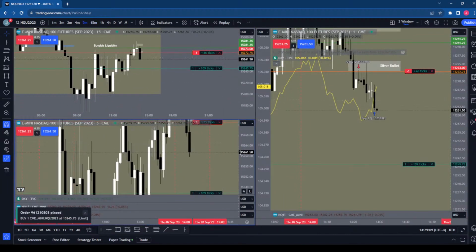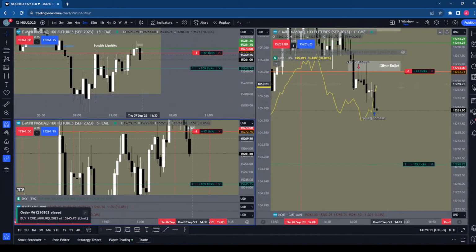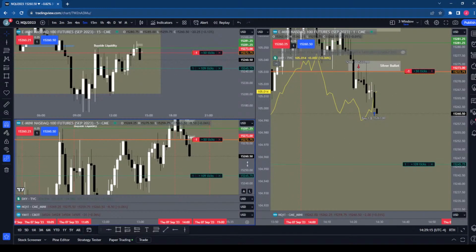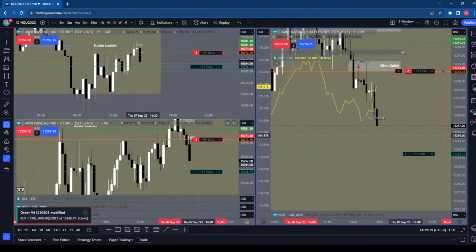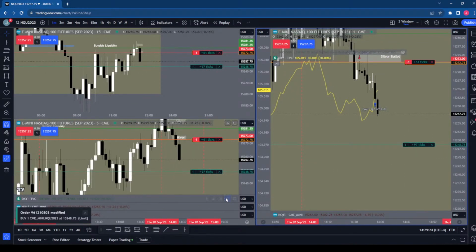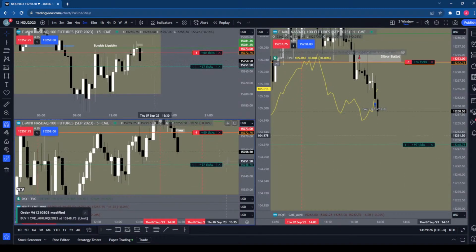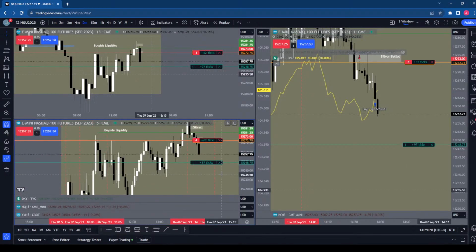Okay, so what I'd like to do now is, now that we locked in some profits and moved stops to break even, let's see how much we can juice out of this. I like this low on the 5 minute, 97 ticks. I actually do think we could get a lot more out of it.